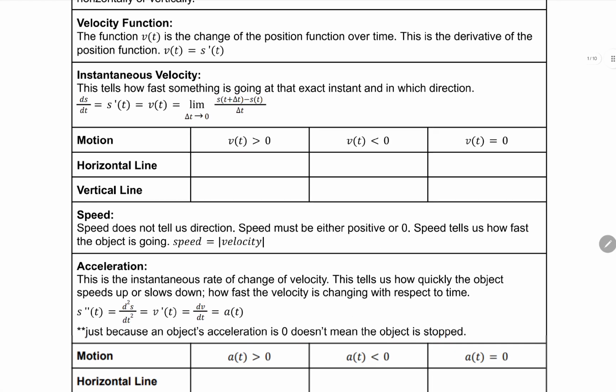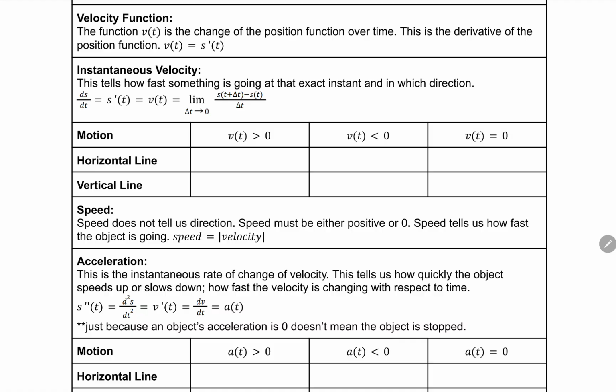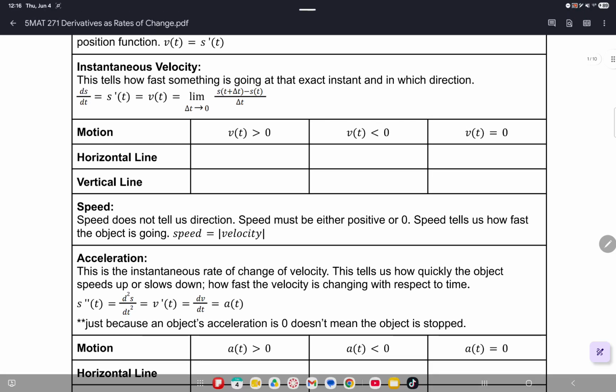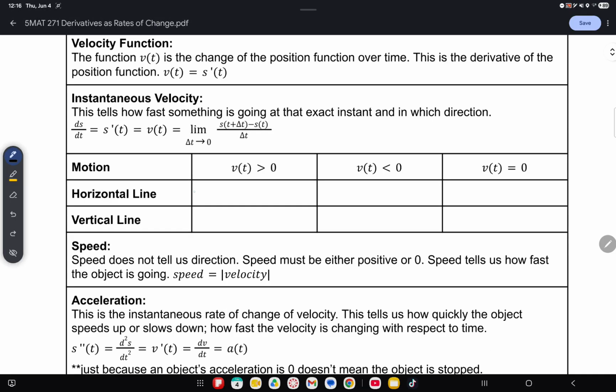So if we're talking about motion here, I've got when the velocity is greater than 0. If we're talking about moving in a horizontal line, that means we're moving to the right.